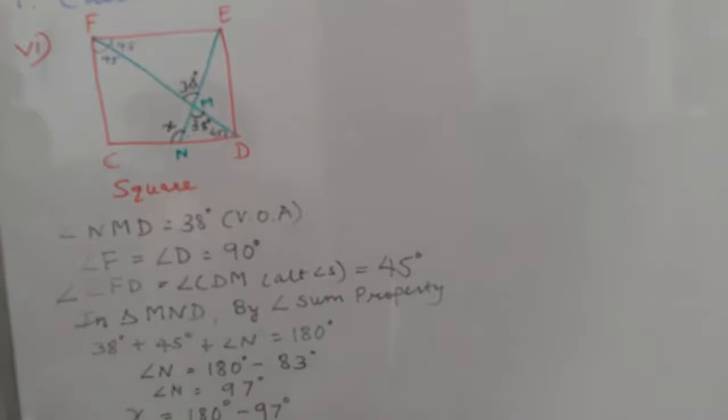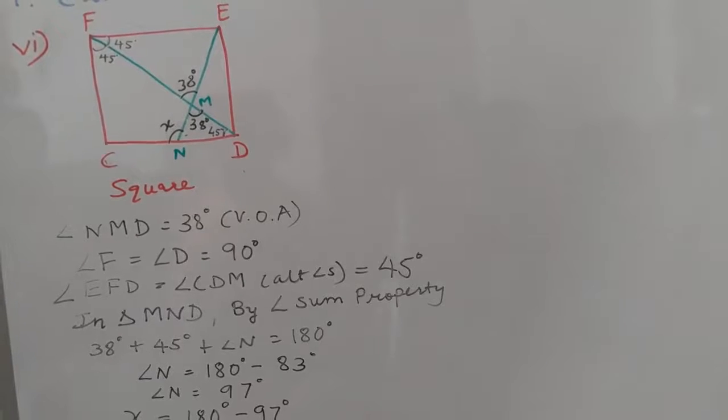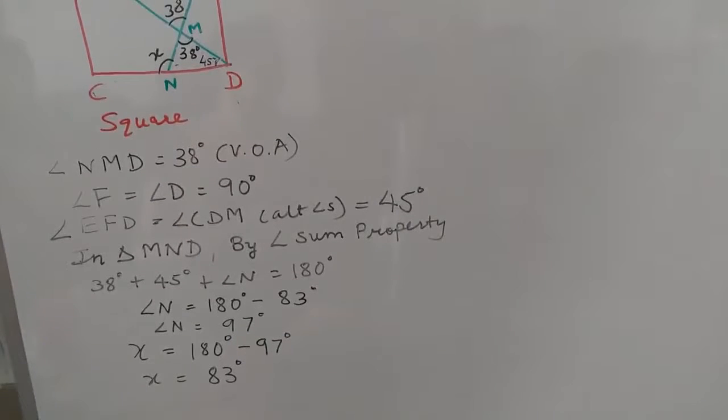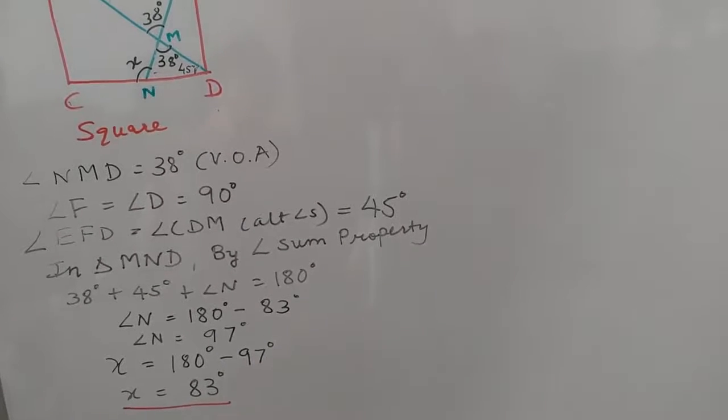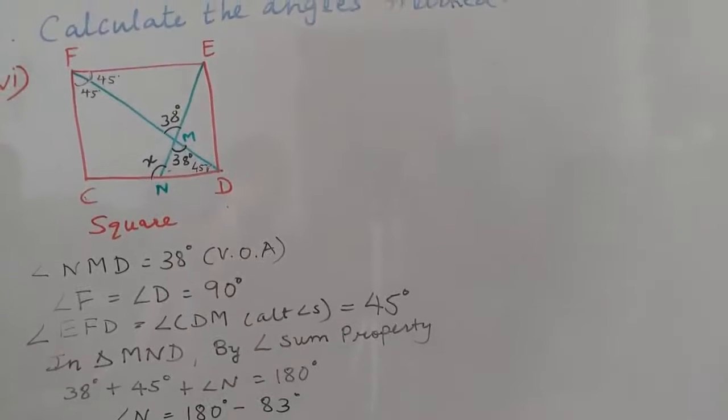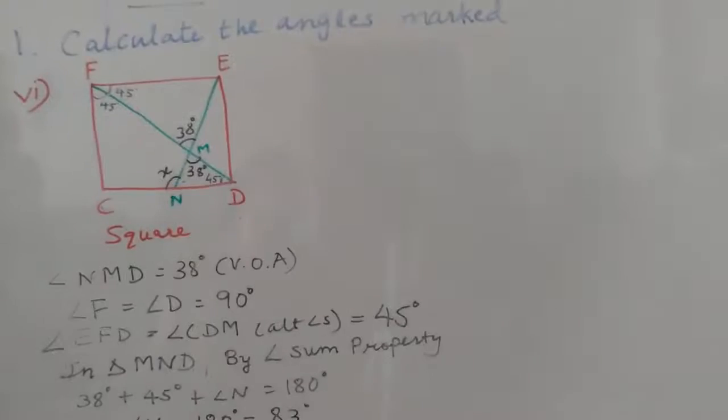So x value, which they asked to find out, we found as 83 degrees as our solution. So this is our question number 6, in which we are given a square figure, and the answer is 83 degrees.